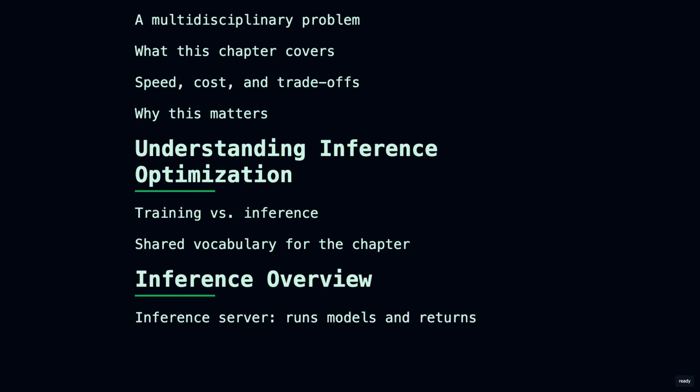An inference server is the part of a production system that actually runs the model. It receives requests, uses the available hardware to execute the right model, and sends the result back. In a broader inference service, it sits alongside routing and pre-processing logic.